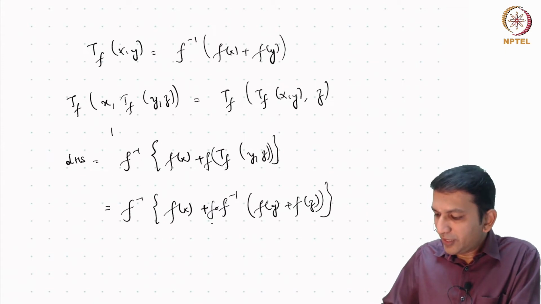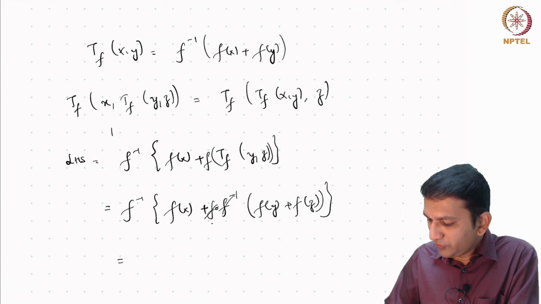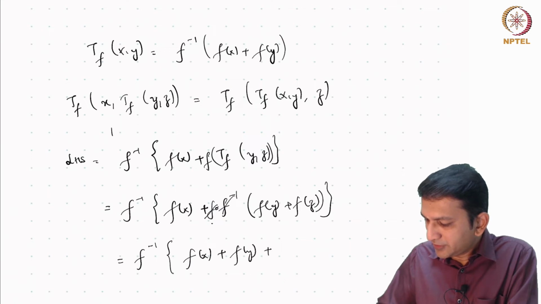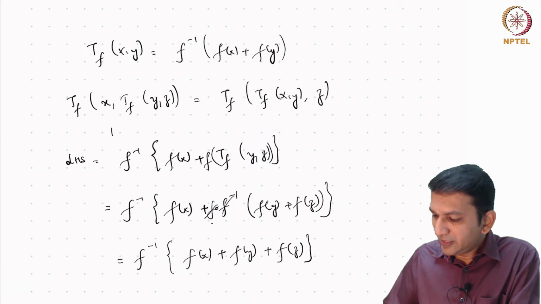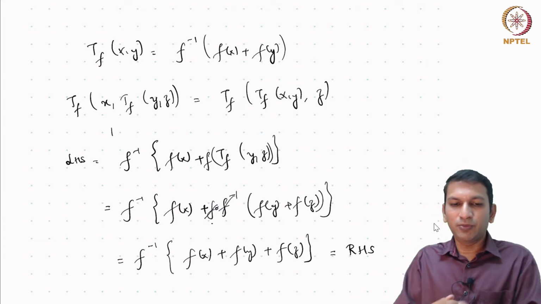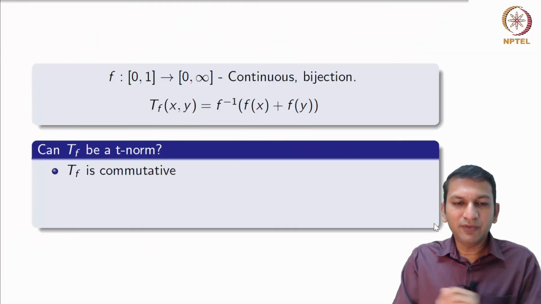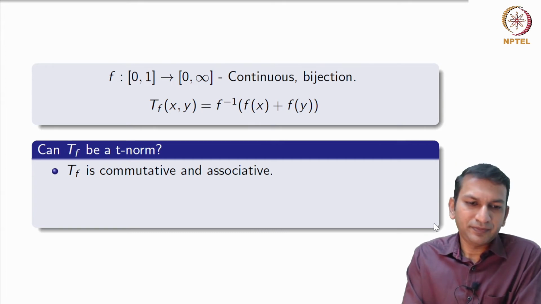Now f and f inverse are inverses of each other. You can cancel this, and what we are left with is f of x plus f of y plus f of z. And from the way we have expanded, it is clear that if you expand the right hand side, that will also turn out to be exactly the same form. That means we have a function which is both commutative and associative.